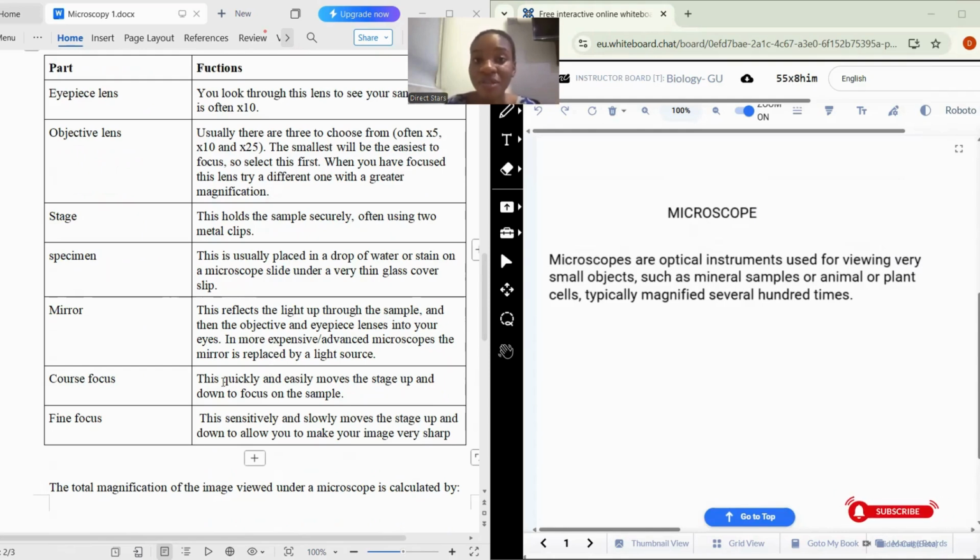This mirror is used to reflect the light coming to the microscope so that you can see clearly what you are finding out more about.